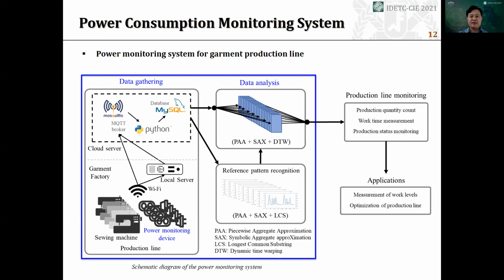The collected data is transmitted to the cloud server through a wireless communication and stored. Data analysis recognizes reference sewing patterns from stored data and extracts tasks from the data based on them. The pattern recognition algorithm was developed as a hybrid algorithm combining an approximation method and dynamic programming.